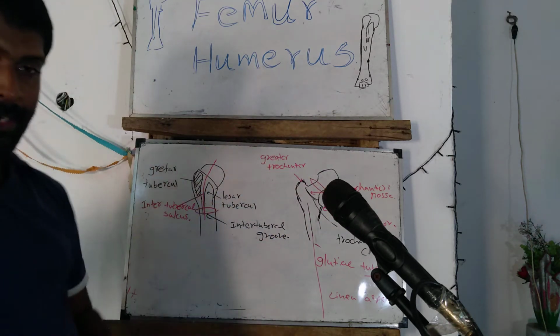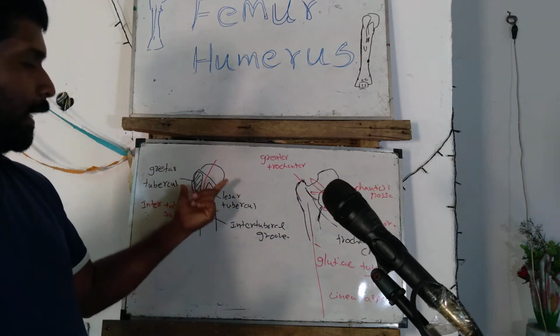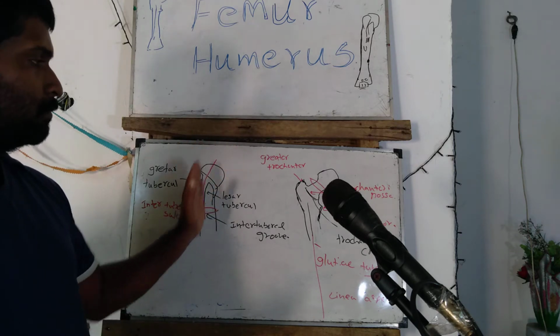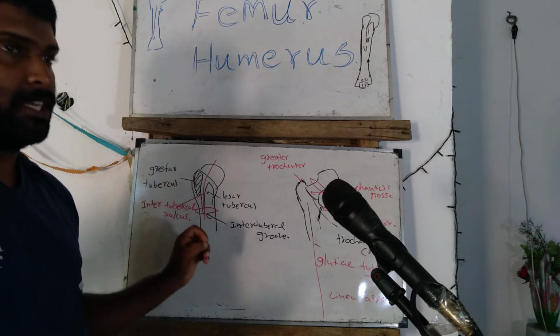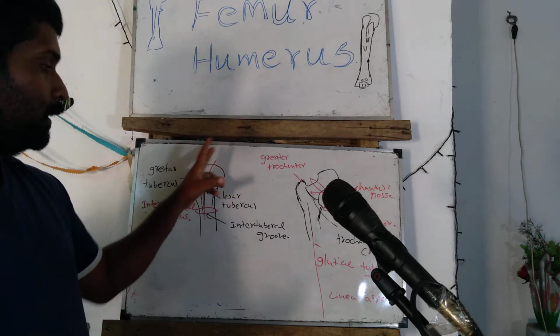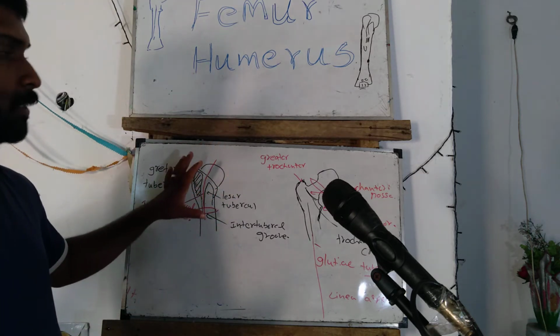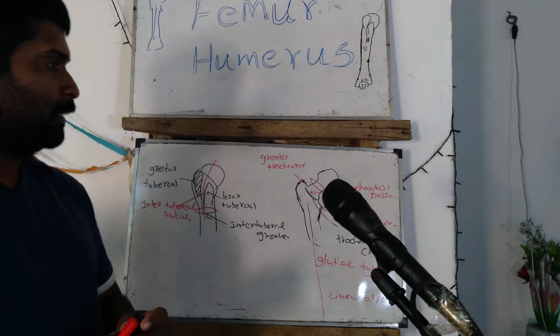Consider the humerus bone. It mainly gets its supply from the brachial plexus. The brachial plexus gives the axillary nerve. The axillary nerve innervates the full bone of the humerus.